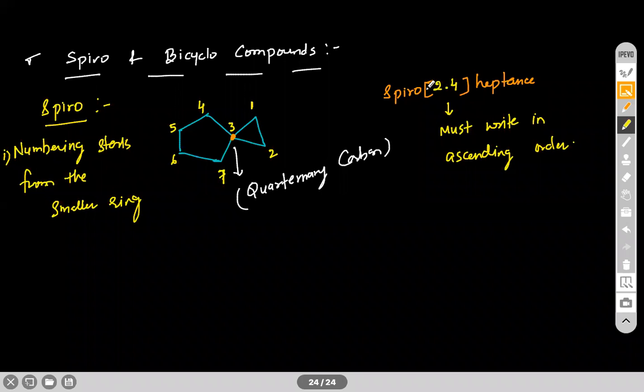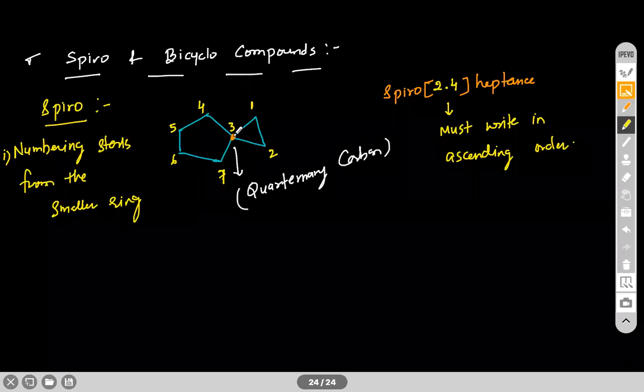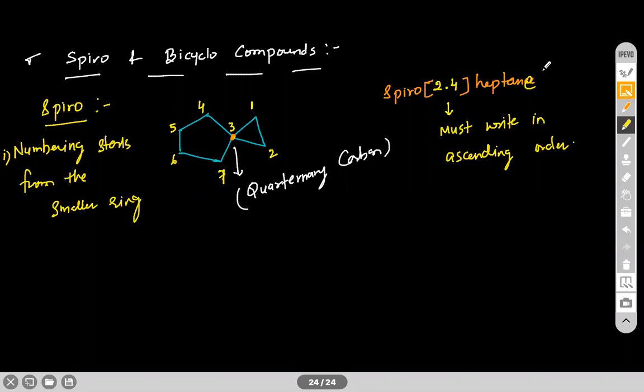So spiro, open bracket. In this, we write down the number of carbon atoms in the two rings, except this carbon. We won't count this carbon here. So if you see this 3-membered ring, if we do not count this carbon, we have 2 carbon atoms, and 4 carbon atoms in the other. So spiro 2.4 heptane it is. Correct?